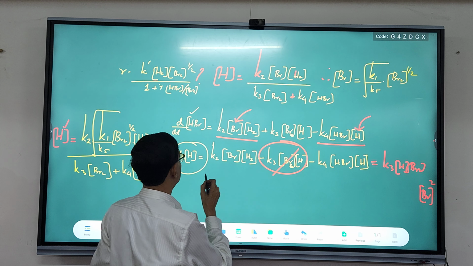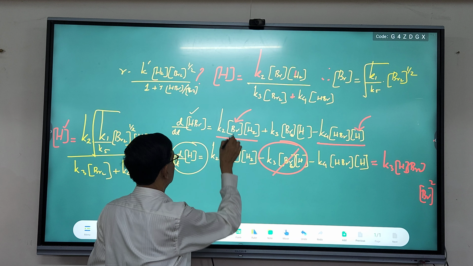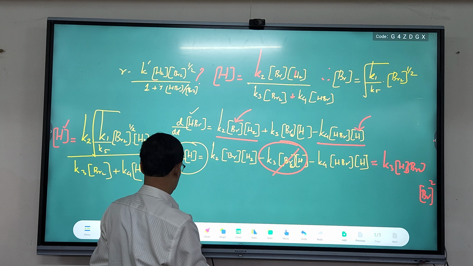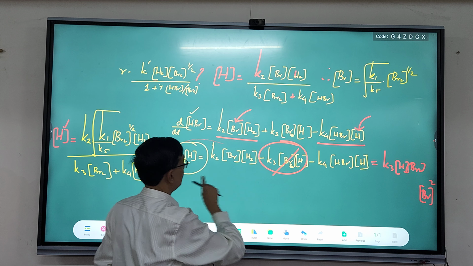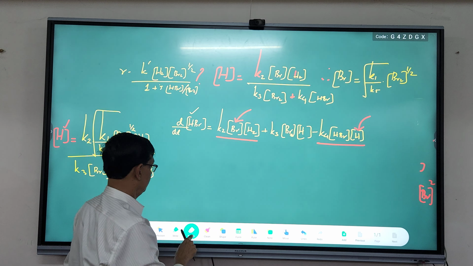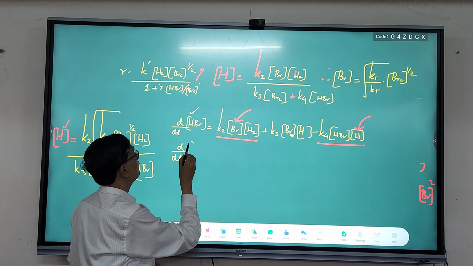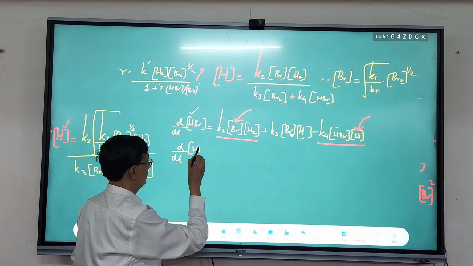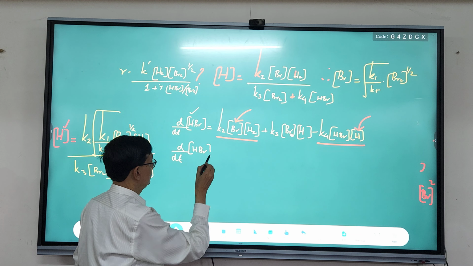So therefore I can write simply in this place d[HBr]/dt is equal to 2 k3 [Br2][H], because this part is equal to this.